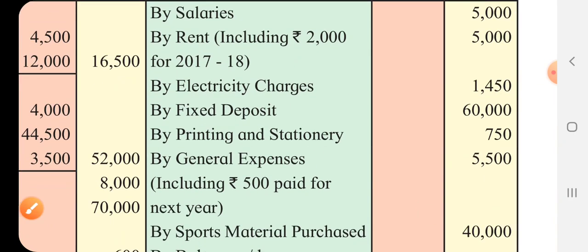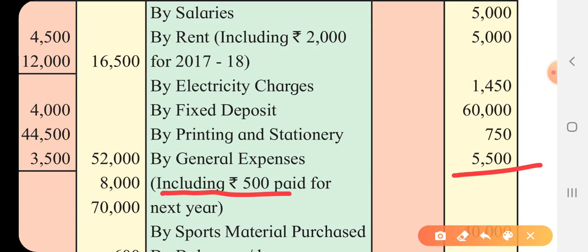Then electricity charges, expense. FD is asset. Printing and stationery, expenditure. General expenses also expenditure. The amount we paid for general expenses this year is rupees 5,500, but it includes rupees 500 for the next year.